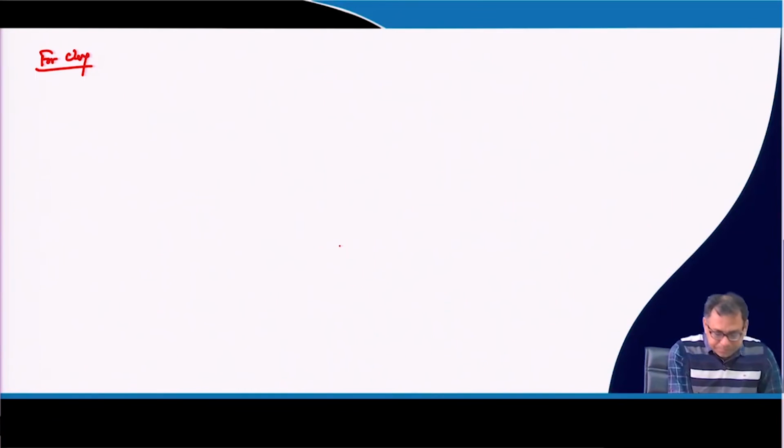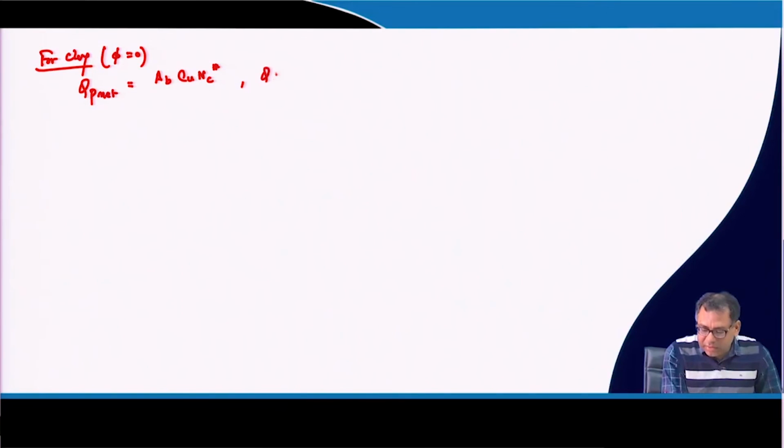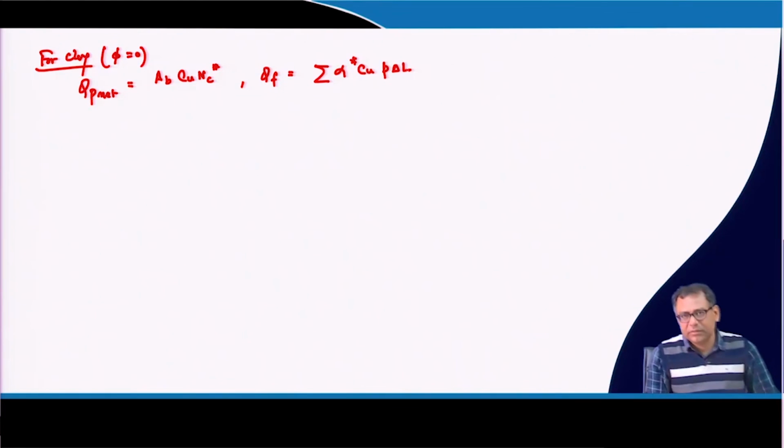So, for the clay where phi is equal to 0, Q P net is equal to A B, C U N C dash, and Q F is equal to the summation of alpha dash C U P D L, as we did for the pile. Here we have taken the summation, because for different layers we have to determine the QF and then add.